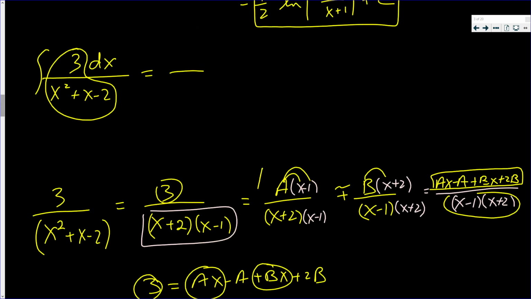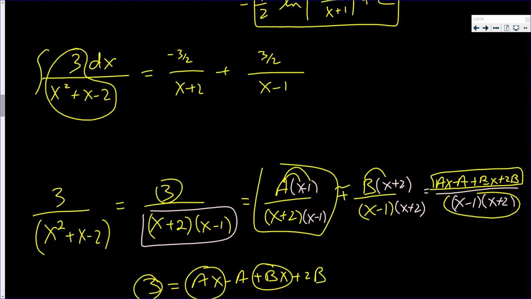So it was equal to something over x plus 2 plus something over x minus 1. And a was negative 3 over 2, and b was 3 over 2. So I can integrate this sum, which means I can integrate them separately. And the nice thing is these unfriendly constant fractions can come out in front.